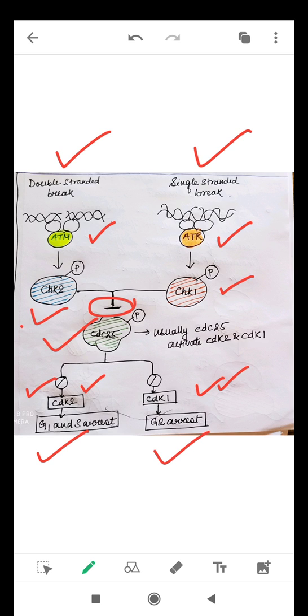So this is how your double-stranded break and single-stranded break bring about your G1S arrest and G2 arrest. Double-stranded break activates ATM. ATM will phosphorylate CHK2. This will block CDC25, which is a phosphatase that will activate your CDK2 and CDK1. If you block it, then CDK2 and CDK1 are inhibited, resulting in G1S arrest and G2 arrest.